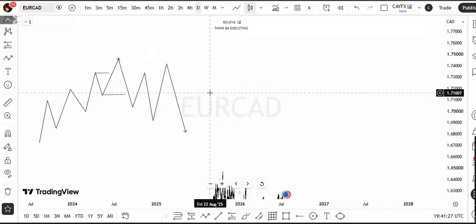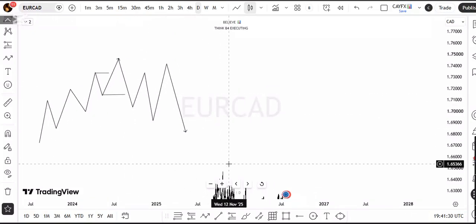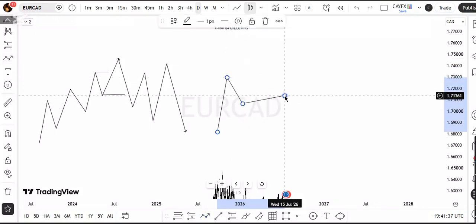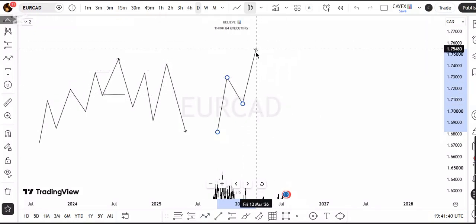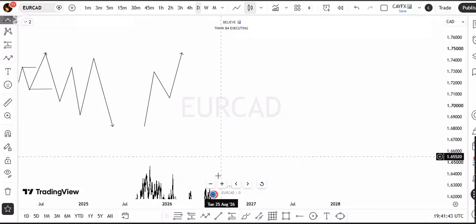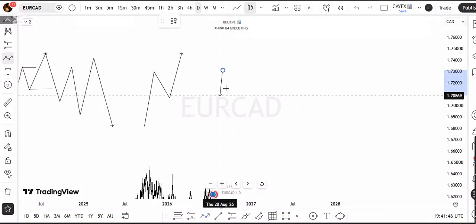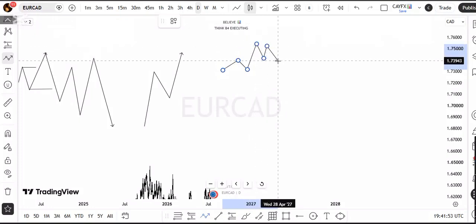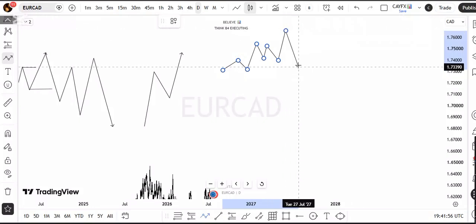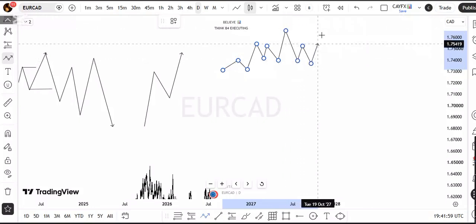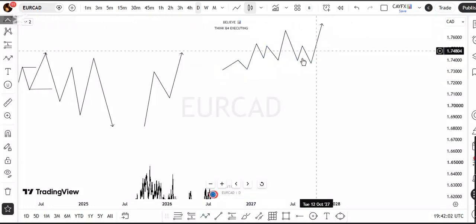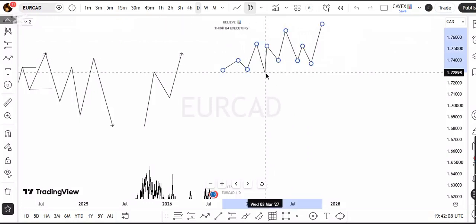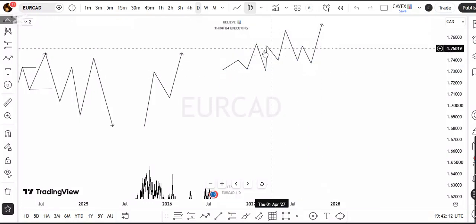Let's say the market is in an uptrend from your daily time frame, and when you go down to your lower time frame you will be seeing something like this. The market is just doing its stuff.